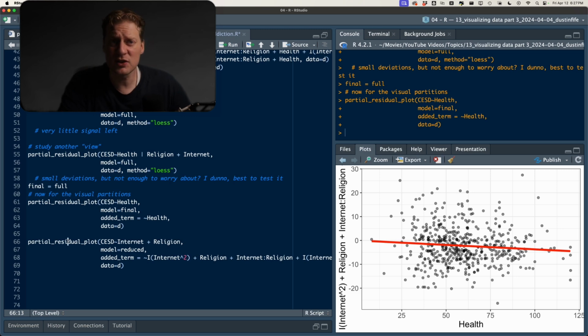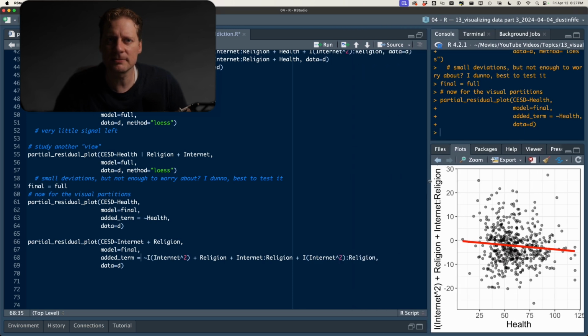And now our second visual partition is going to use both internet and religion because they interact with one another. And that shouldn't be reduced, that should be final. And then I'll go ahead and make the screen a little bit bigger so you can see all that. So we're adding back the nonlinear effect of internet, the main effect of, I just realized I made a mistake.